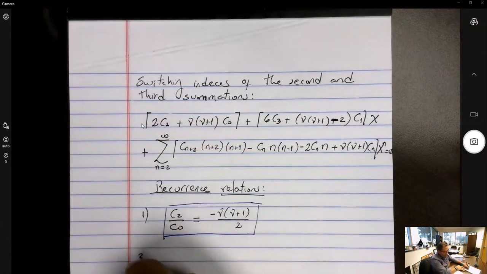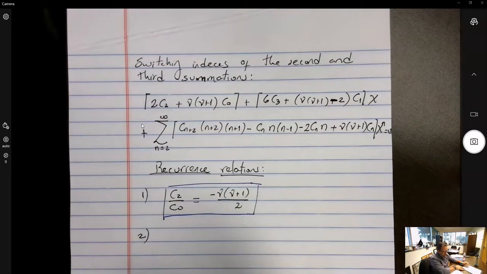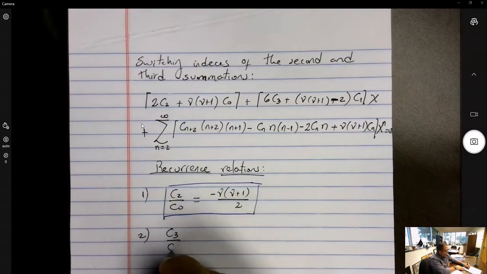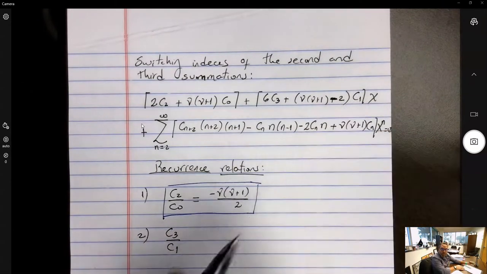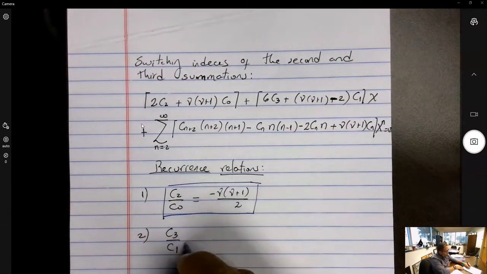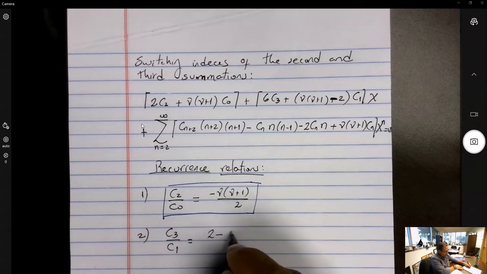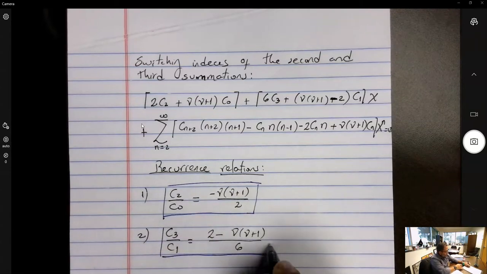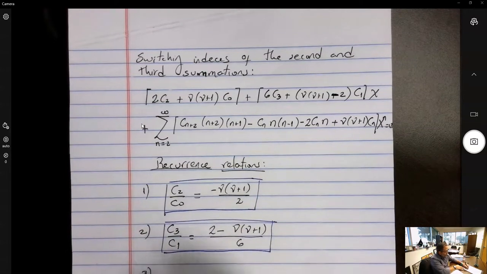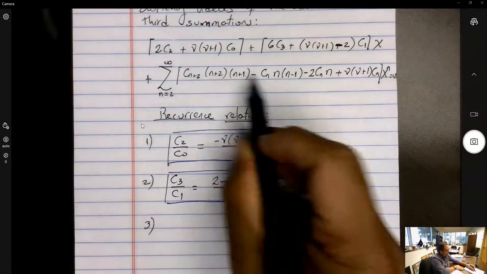The second recurrence relation is C3 divided by C1. I can solve for C3 in terms of C1 here. It is equal to 2 minus nu times (nu plus 1) divided by 6. And the third recurrence relation, I can place Cn plus 2 in terms of Cn.